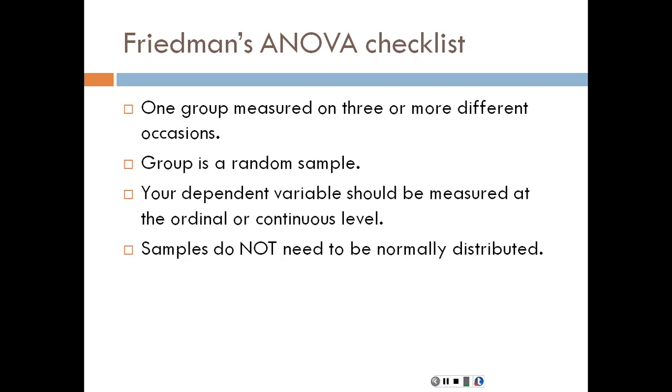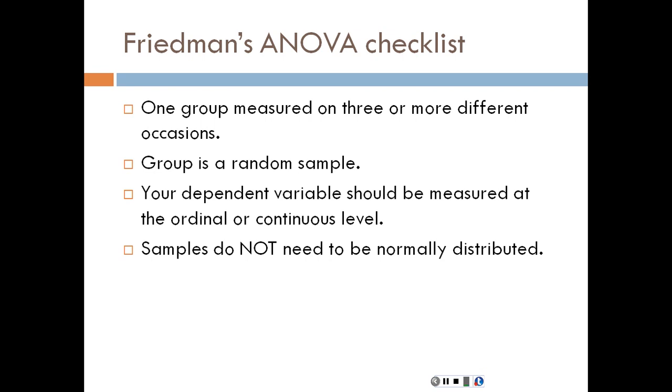So let's look at the checklist for Friedman's ANOVA. One group is measured on 3 or more different occasions. So the same group of students, we're looking at their test scores throughout the school year, for instance. The group is a random sample, and your dependent variable should be measured at an ordinal or continuous level.